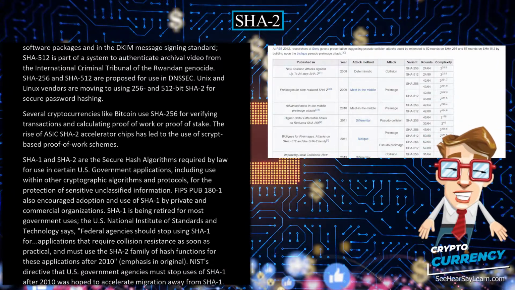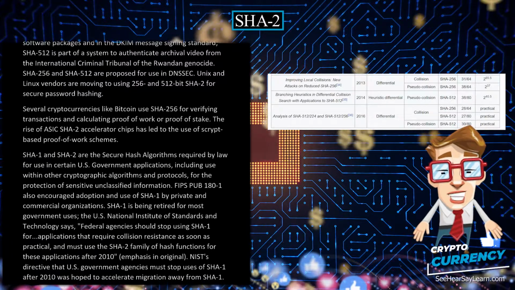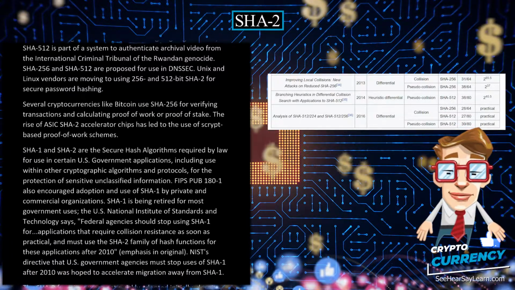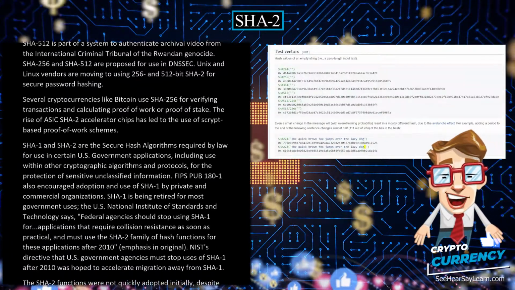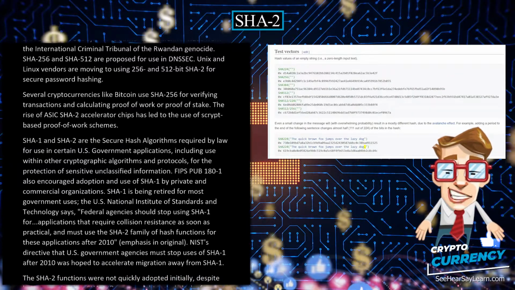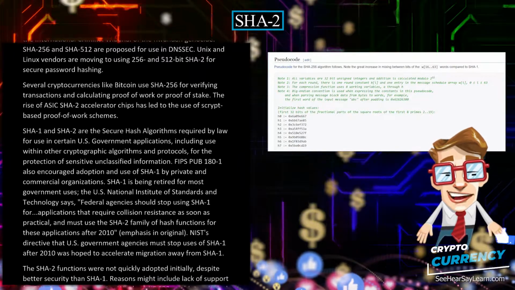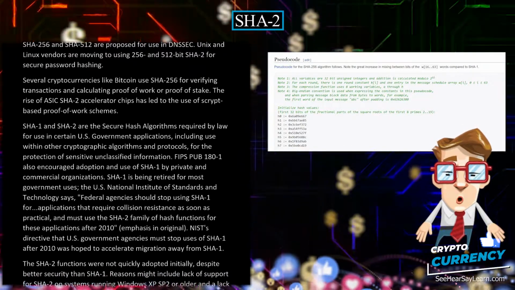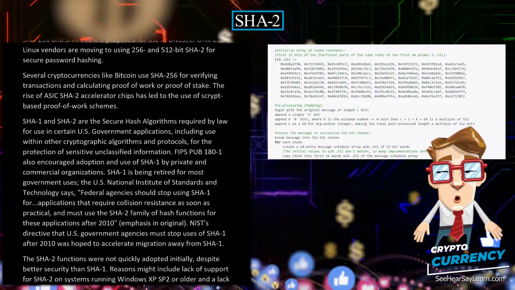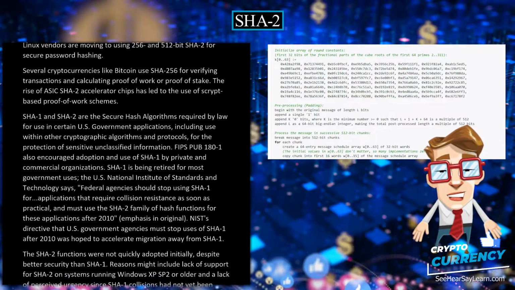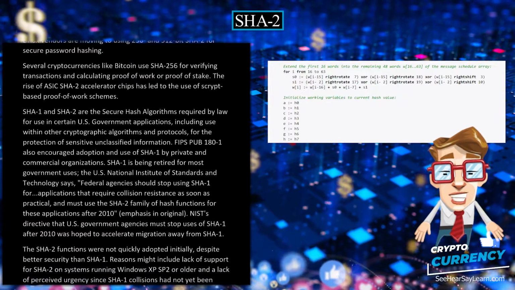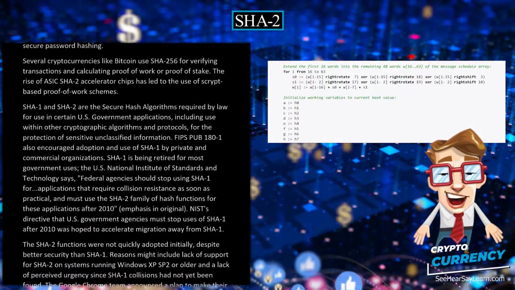SHA-512 is part of a system to authenticate archival video from the International Criminal Tribunal of the Rwandan Genocide. SHA-256 and SHA-512 are proposed for use in DNSSEC. Unix and Linux vendors are moving to using 256 and 512-bit SHA-2 for secure password hashing.